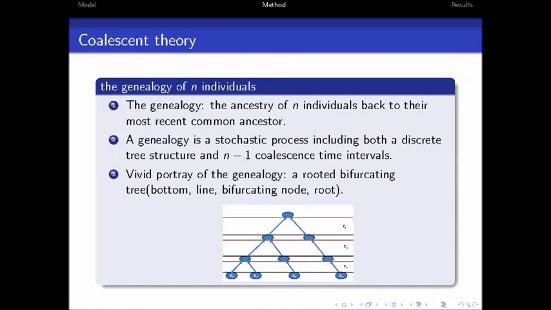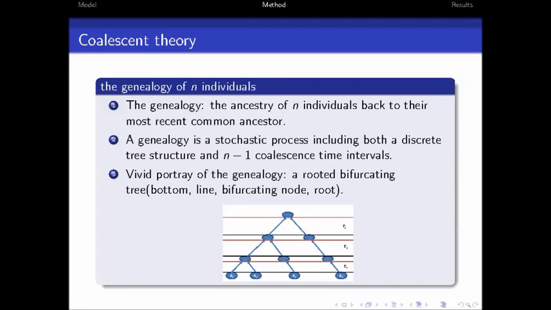Another important concept in Coalescent theory is the genealogy. Genealogy of n individuals is defined as the lineage of them back to their most recent common ancestor. In mathematical language, genealogy is a stochastic process including both a discrete tree structure and some coalescence time intervals.